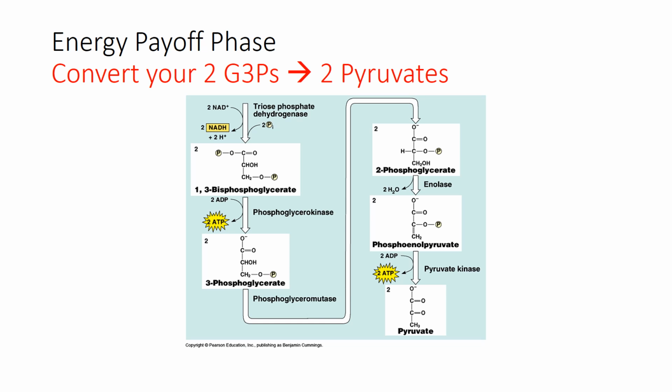Well, we're going to produce 2 NADHs, which will become important later, and we're going to produce a total of 4 ATPs. But remember, we had to invest 2 ATPs, so our net gain of energy from this whole process of glycolysis is going to be 2 ATPs and 2 NADHs.